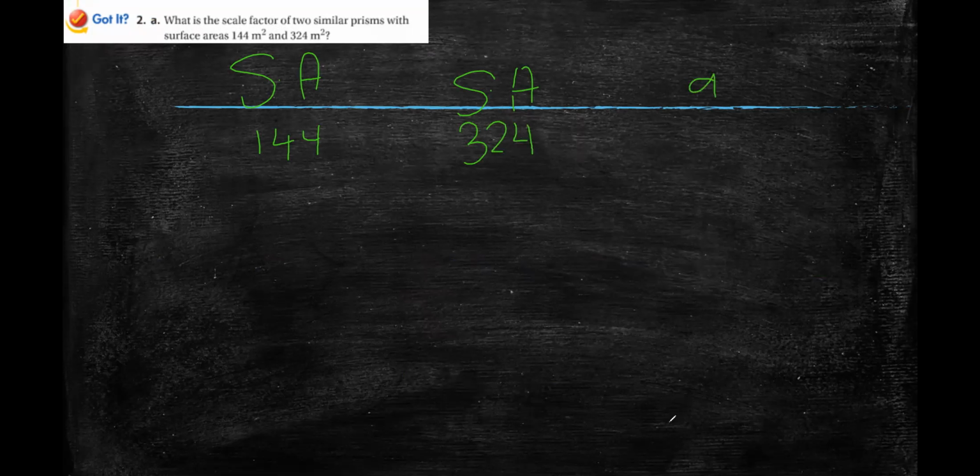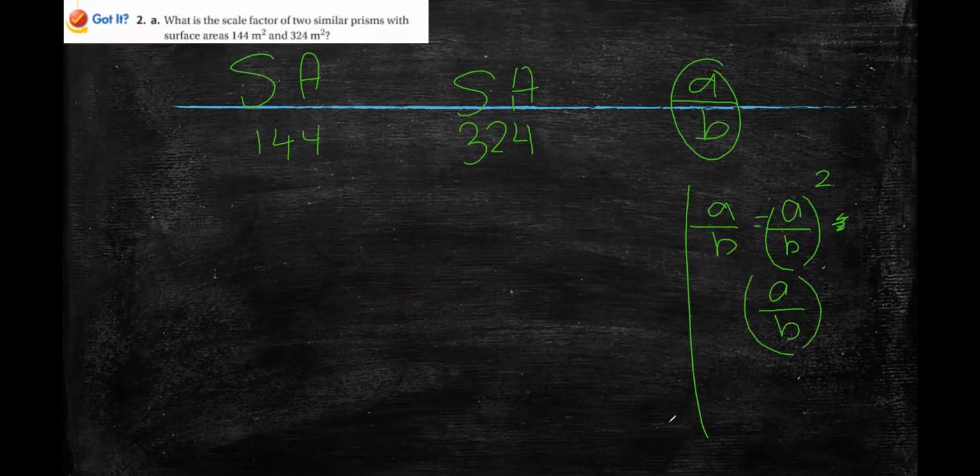And they ask me to write the scale factor, which is a over b. Now, if we have the scale factor as a over b, we can write the ratio of the surface areas, which is a over b squared, and also the ratio of the volumes, which is a over b cubed.